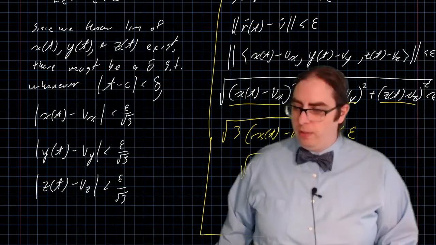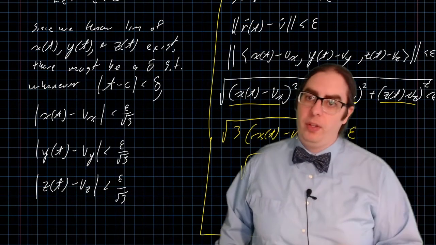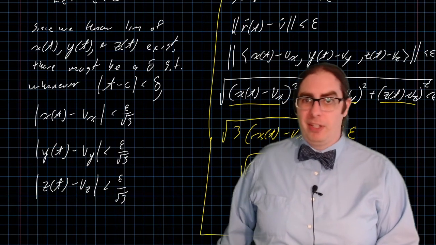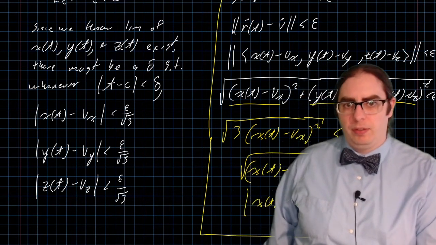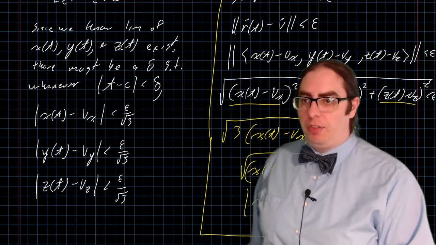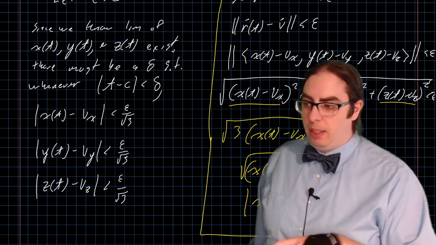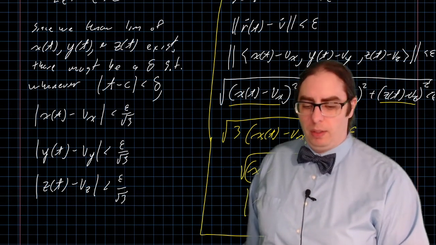All right, hold on a second. Let's make sure that that makes sense, because that doesn't quite follow the definition of a limit. I've done a little bit of hand waving here, but it should make sense once we stop and talk about it. I can pick any positive number that I want. In the definition, I called it epsilon, but here in the practical application, I'm calling it epsilon over the square root of 3.